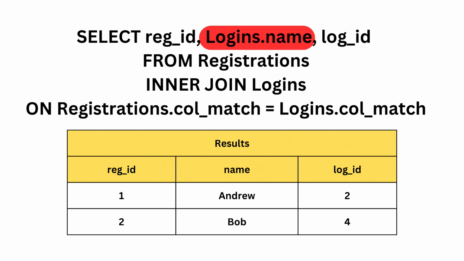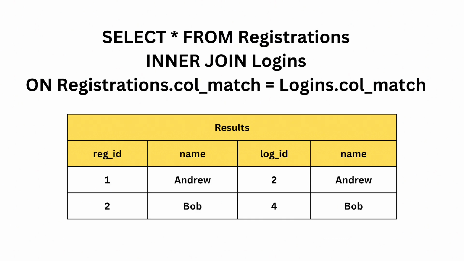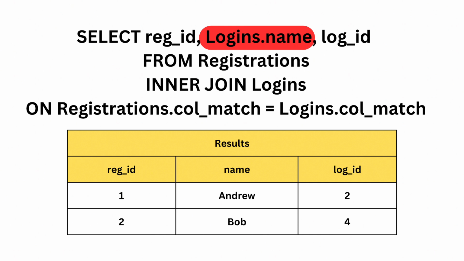I could have said registrations.name or logins.name, but I should be specifying because there's a duplicate name column in my SQL query. I should be specifying what actual column I'm looking at. Because recall, here we had both the name column from registrations and the name column from logins. So if I only want one of those, because it's duplicated, I'll specify that I'm looking at the logins.name column.